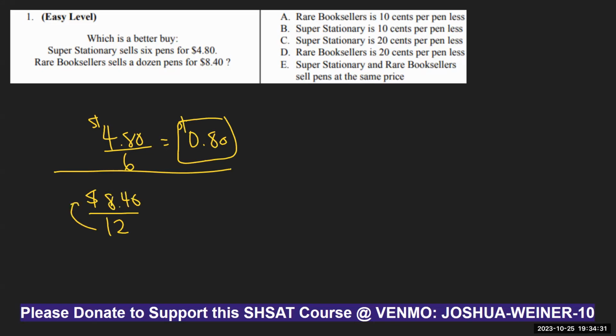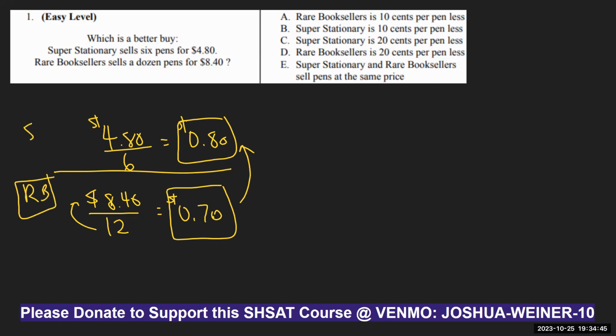Well, 12 times 7 is 84, so it will be 70 cents. So it looks like Rare Booksellers is 70 cents, but Super Stationery is 80 cents.